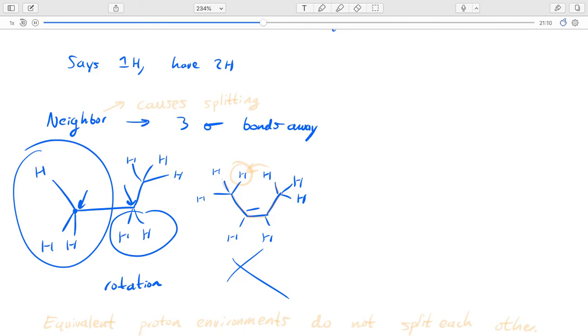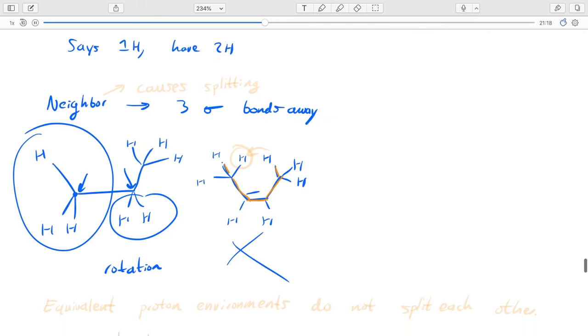So these hydrogens on the end, even though they're 1, 2, 3, 4, 5 away, they're still close enough to interact with the hydrogens over here that they can cause splitting. That's really more advanced material. Just go with adjacent carbon, 3 sigma bonds away, that's what causes splitting.